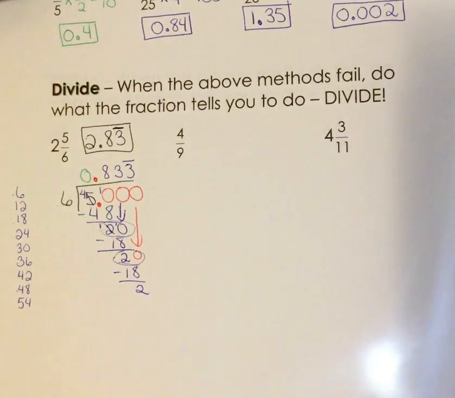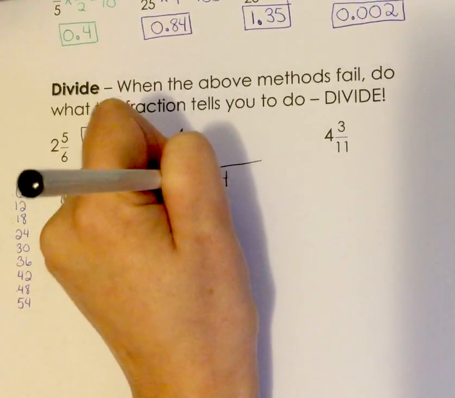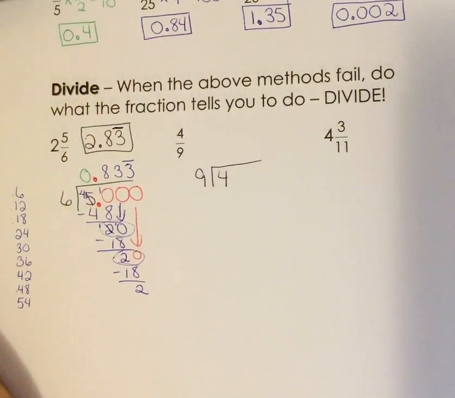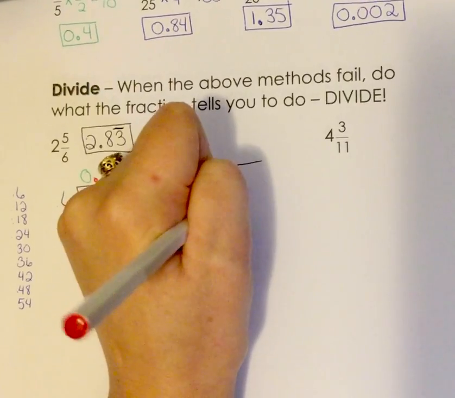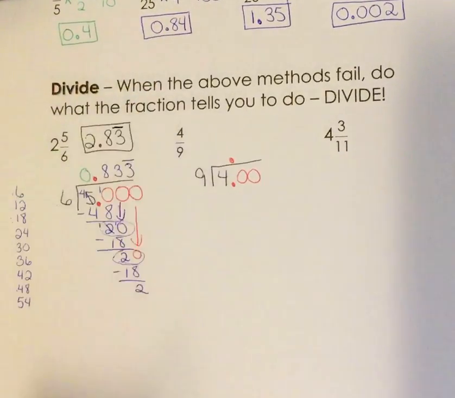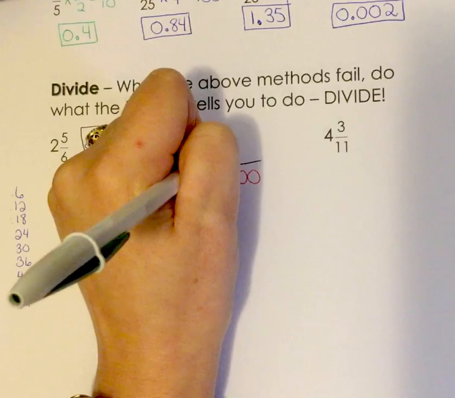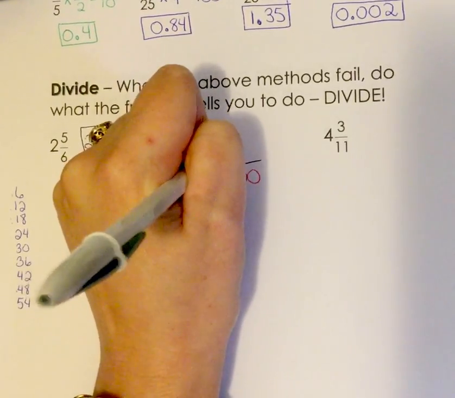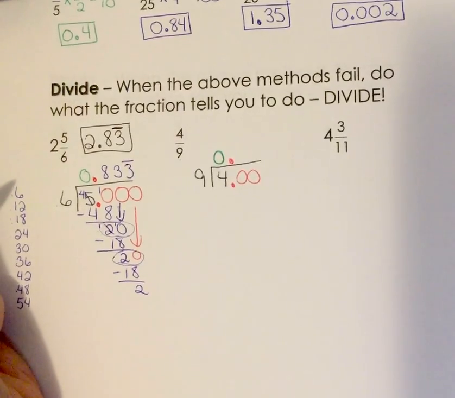Okay, so we're going to try one more just to make sure that we've got this. Let's set it up. 4 divided by 9. Add a decimal and some annex zeros. Bring up that decimal. Now I know that 4 cannot be divided into 9 equal pieces perfectly, so I'm going to put a 0 up here, and I'm going to do 9 into 40 this time.